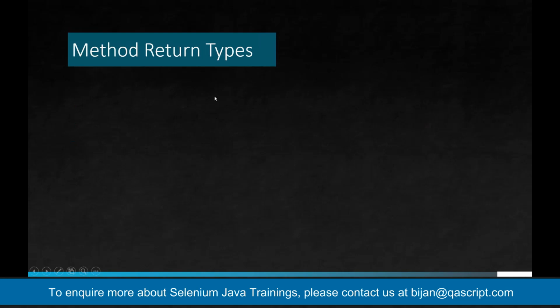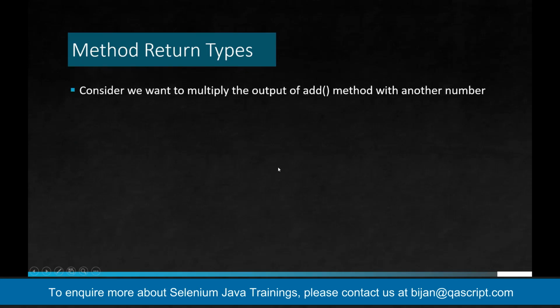Now coming to the method return types, which I was talking about earlier. You can return values from your methods, right? Let's take an example. We want to multiply the output of the add method with another number. Is it possible in this particular scenario where we have written an add method, but we are not returning any value?